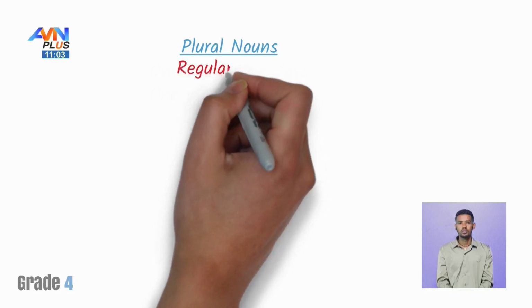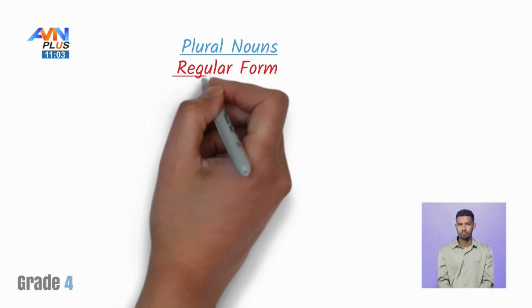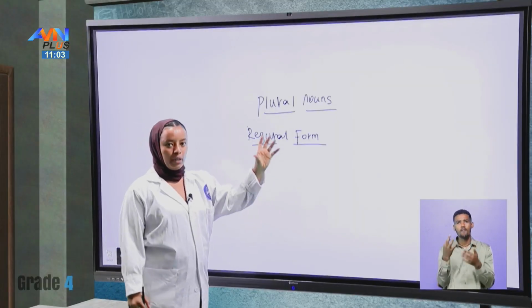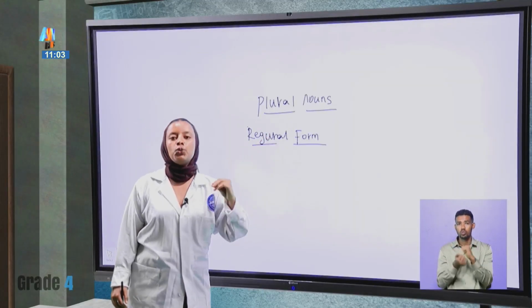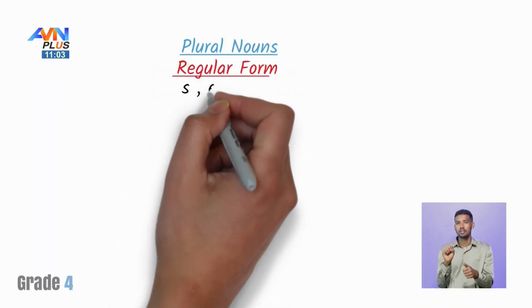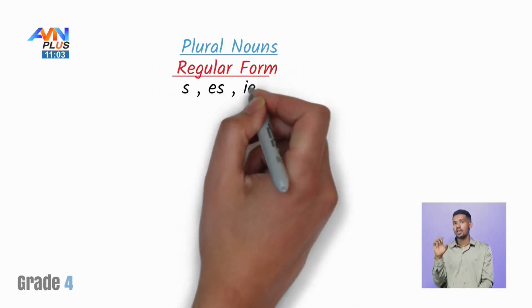Regular form. Students, there are regular forms of nouns to change singular to plural. The first one is s, then es, and also ies.